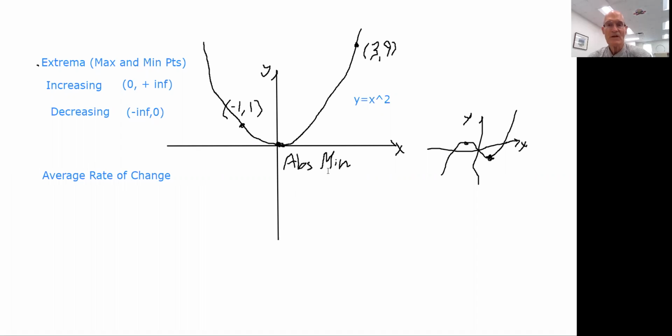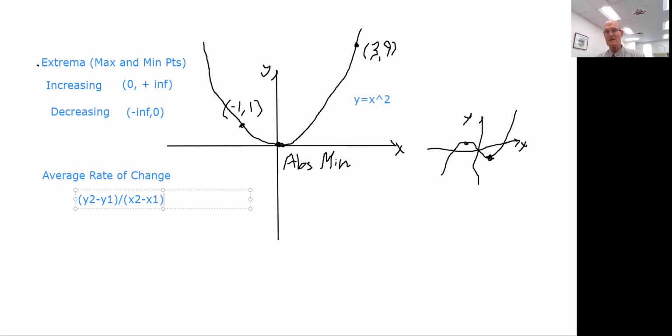The average rate of change is going to be y2 minus y1 divided by x2 minus x1.